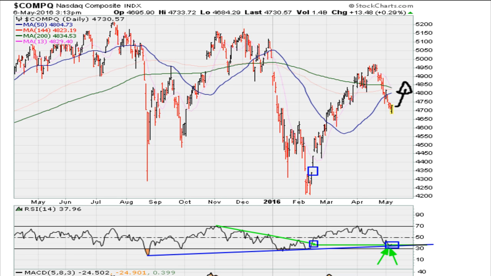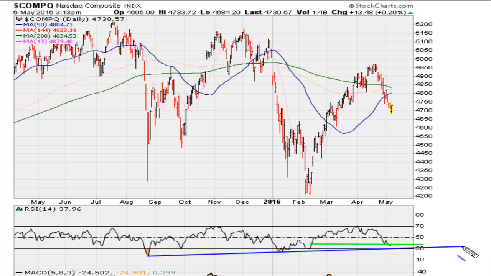And of course, since we have well-defined lines, we know that if the market were to break those two lines, then that is when we will see a major drop. For now, the market is holding. We have to assume that, given the support coming off this line and also the support coming off the RSI lows line, as long as it is holding on those two lines, the market is to move to the upside.